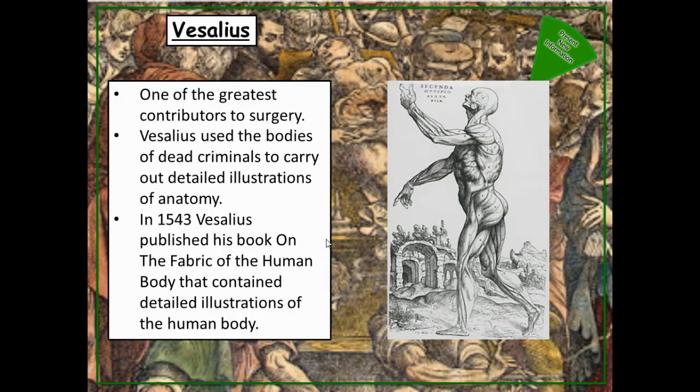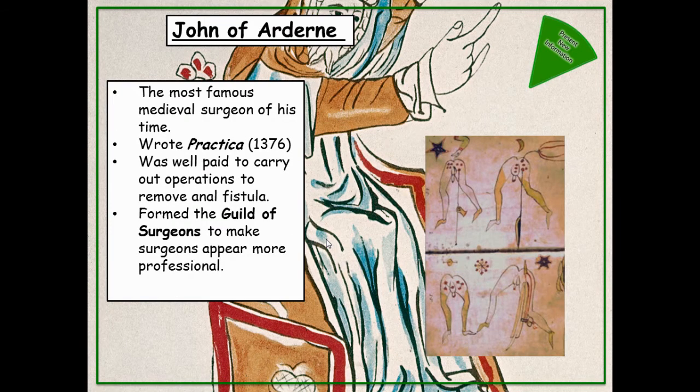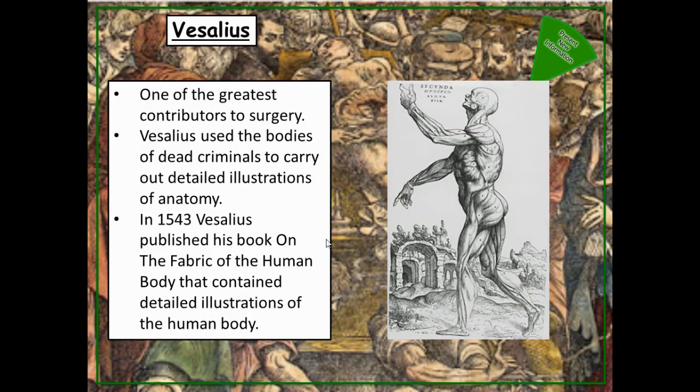Following on from Ardern, and we're now moving towards the Renaissance period, so John of Ardern would be your example for the medieval period, we have Vesalius, who was a very, very important contributor to the development of surgery. And again, a really nice example of individual brilliance because he challenged the accepted view. He challenged what most people thought was correct based on Galen.